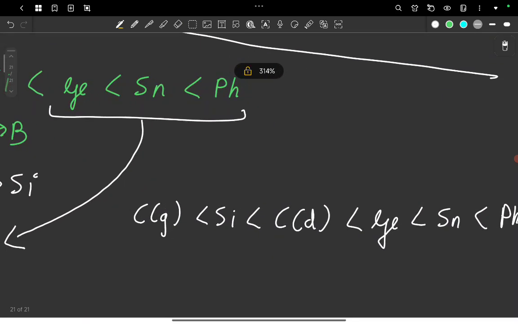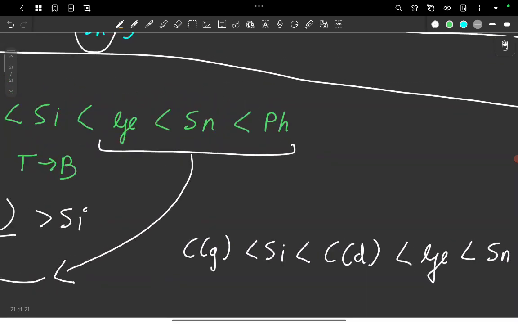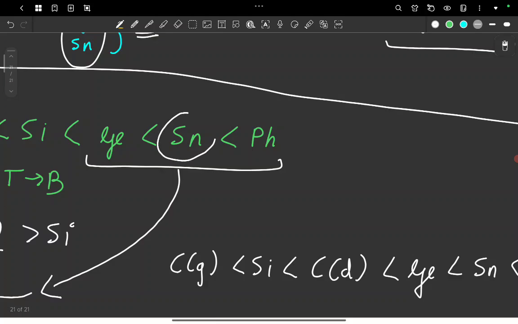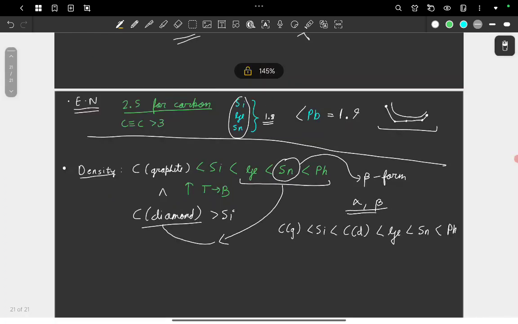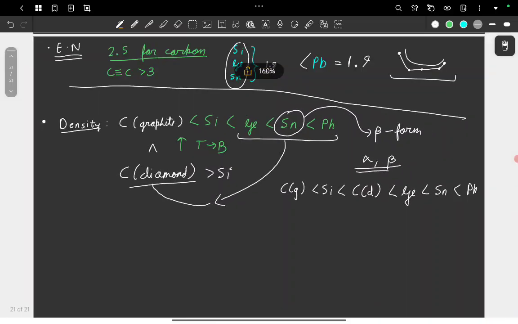And this is just written in NCERT. The exact explanation behind this is deleted from the syllabus, but I'll just tell you. The tin we are considering here is the beta form of tin. Tin exists in two forms, which are alpha and beta. It has something to do with how their atoms are arranged in the lattice, and I won't dive into that because I don't know solid state yet.